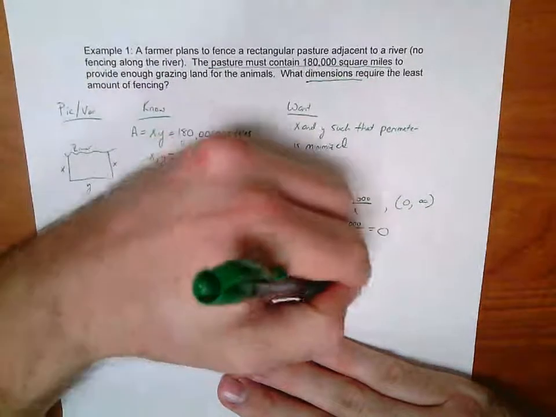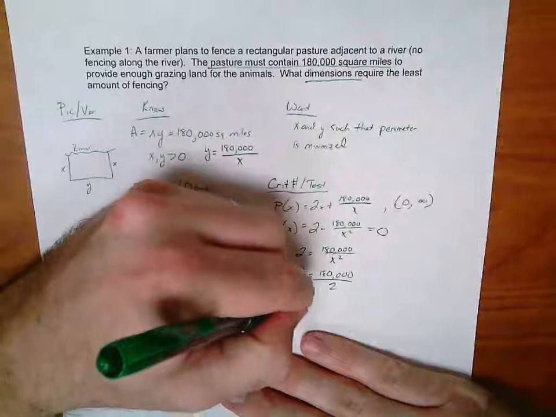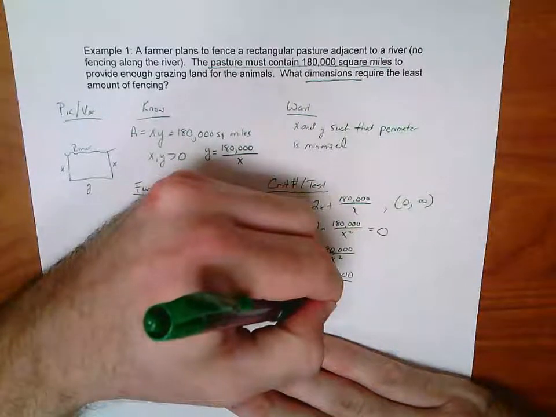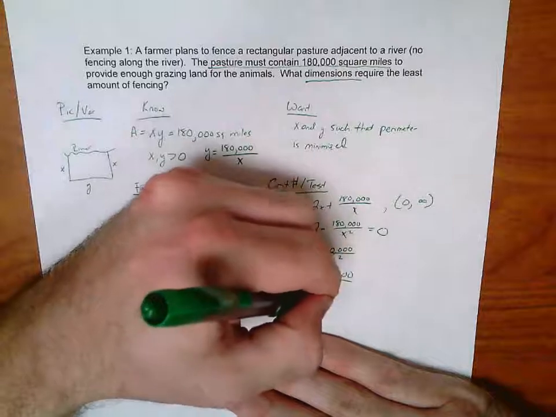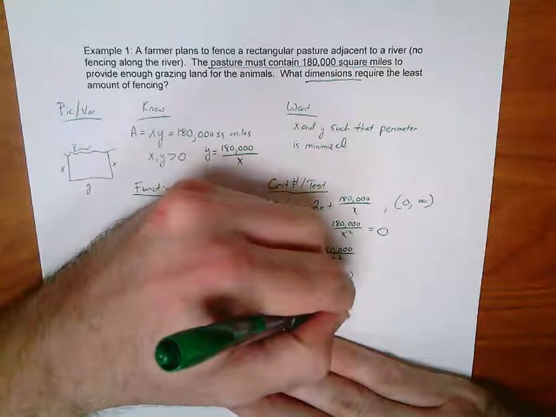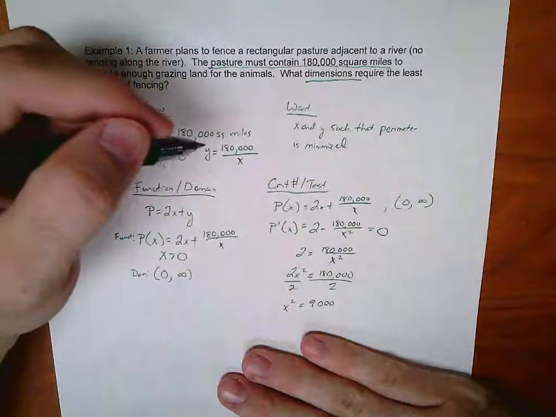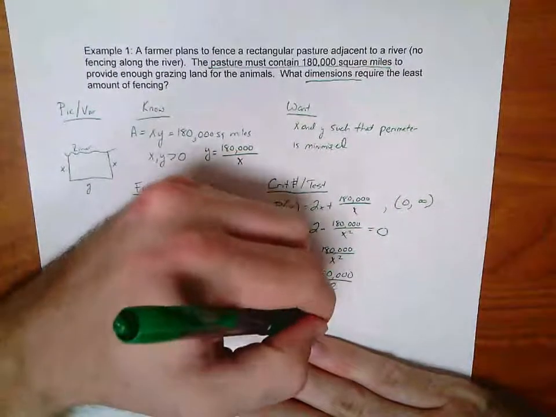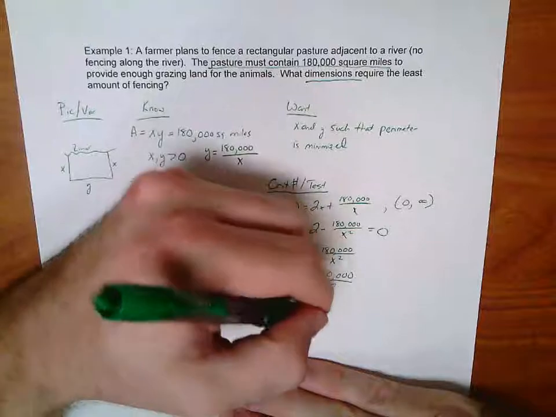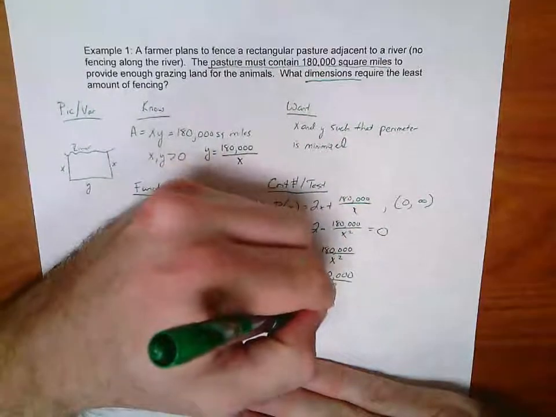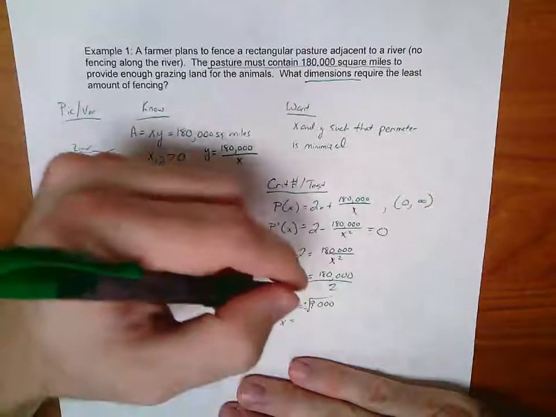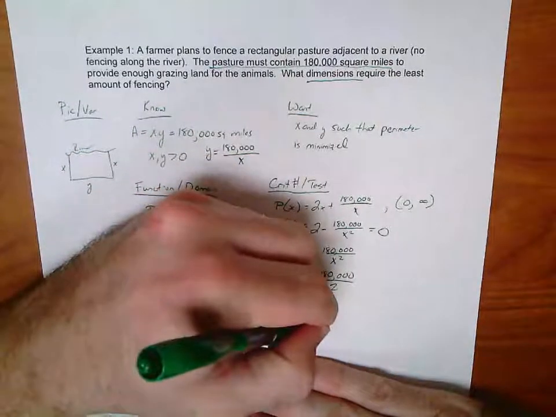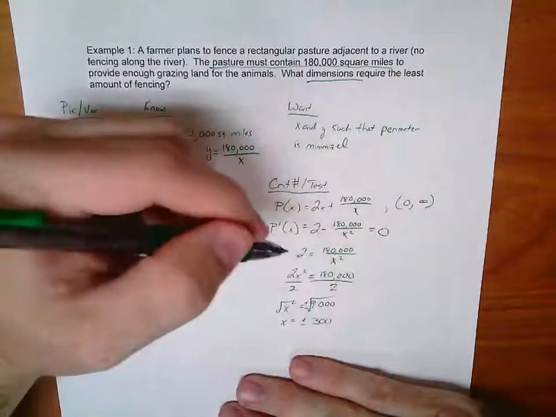Divide by 2 on both sides. We get x squared equals 9,000. Or sorry, 90,000. Then x is equal to plus or minus the square root of that, so x equals plus or minus 300.